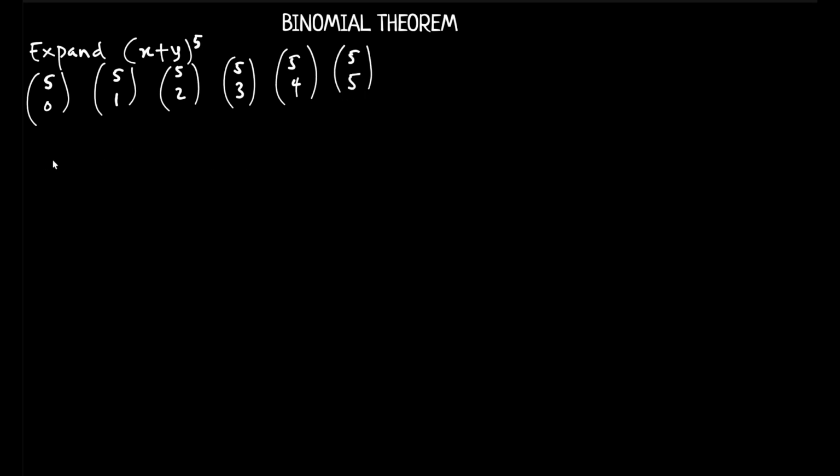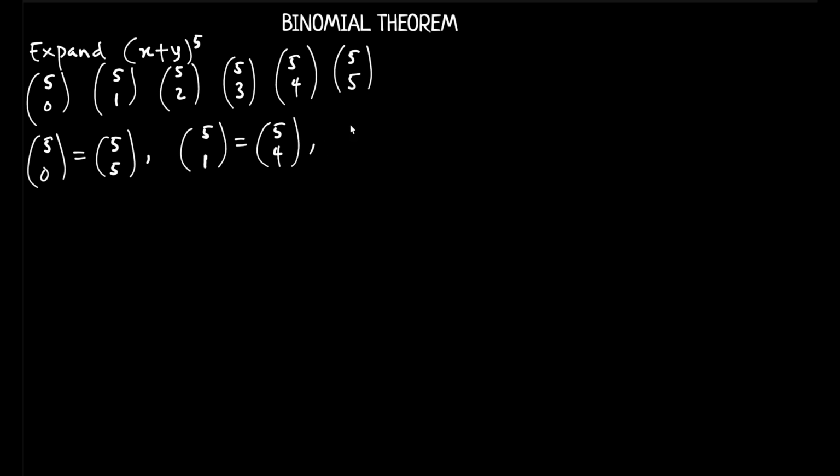And by symmetry, 5 combination 0 is the same as 5 combination 5, while 5 combination 1 is equal to 5 combination 4, and lastly 5 combination 2 is equal to 5 combination 3.